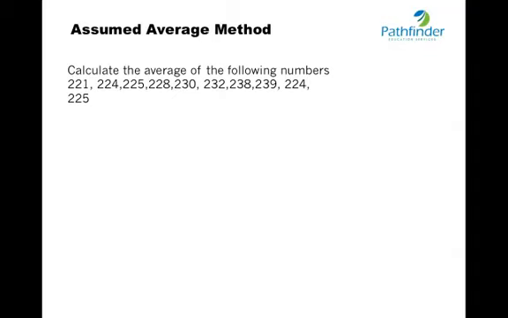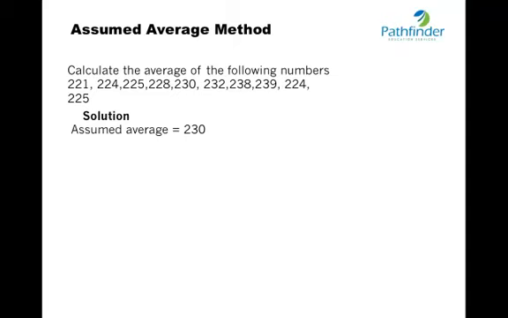Let us see another example by using assumed average method. Calculate the average of the following numbers: 221, 224, 225, 228, 230, 232, 238, 239, 224 and 225. Again, we assume the average to be 230 in this case.